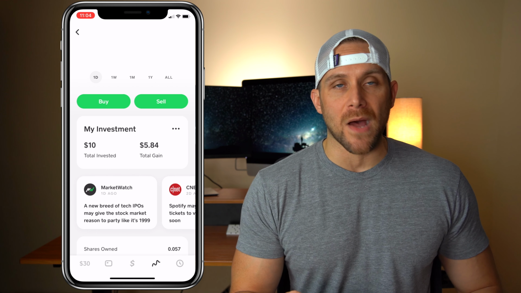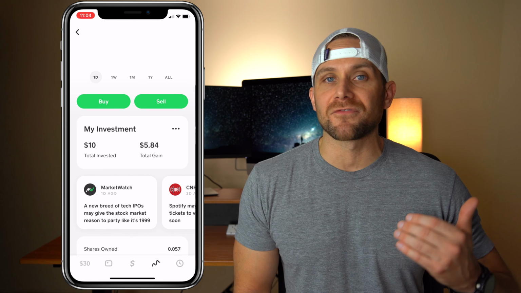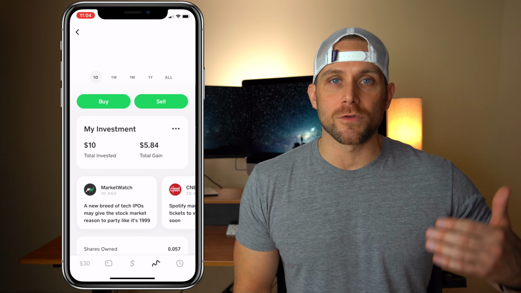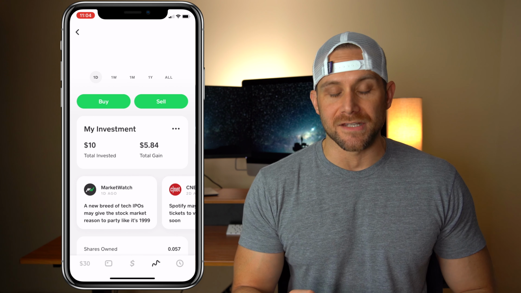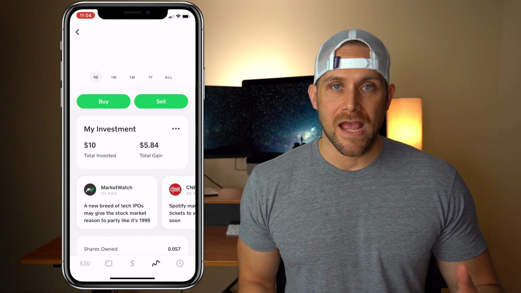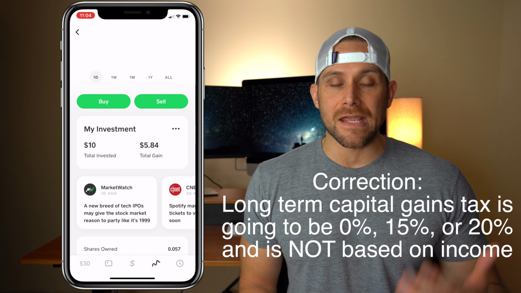With the long-term capital gains tax, say I held Spotify for 1 year and 1 day. Because it's above that 1 year threshold, that means it would automatically go to long-term capital gains tax. So I would pay long-term capital gains tax on the $5.84. What that rate, what that percentage is going to be, is based on my income.